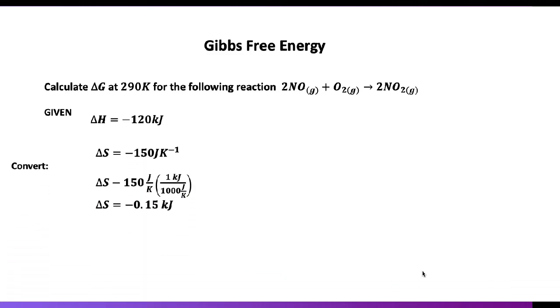As you notice, there's a difference in their units, so we cannot go through with the process of solving unless we convert the unit of delta S. So we divide it by 1000 so that we will get the value of negative 0.15 kilojoules. So they now have the same unit as the delta H.